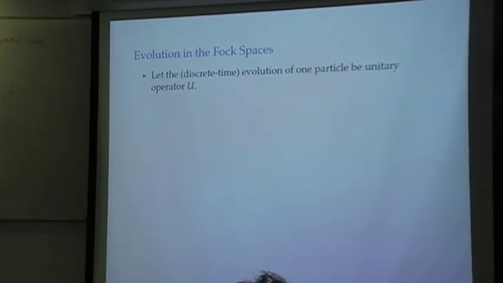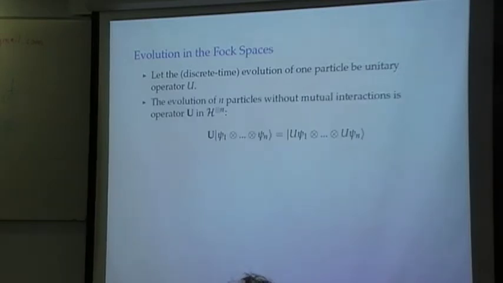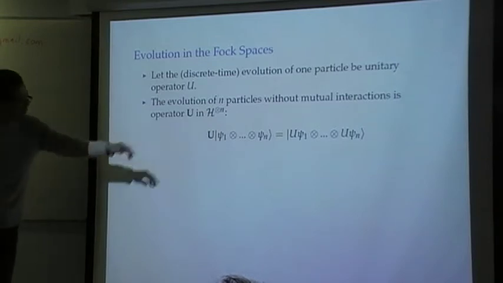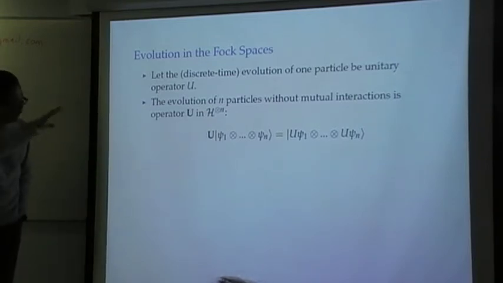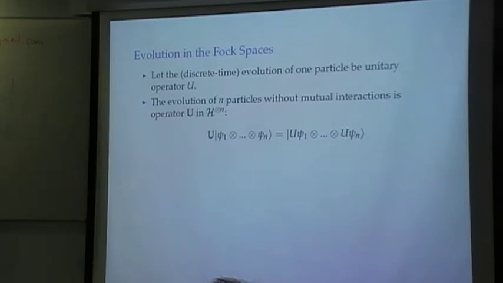So suppose we have U, which describes the evolution of a single particle. Then the evolution of n particles without mutual interaction can be described by this operator, the big U. It is defined in this way: U acting on every component of psi 1 to psi n.